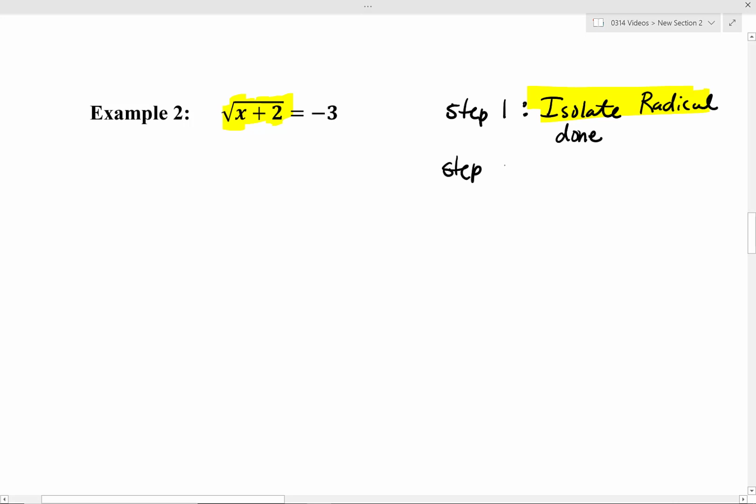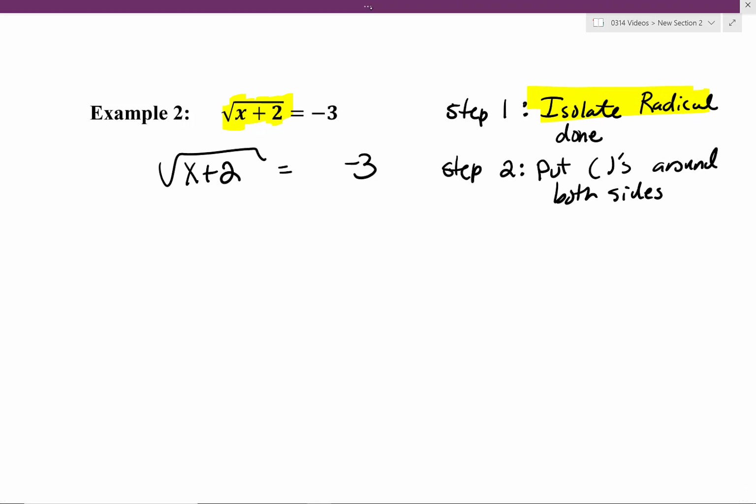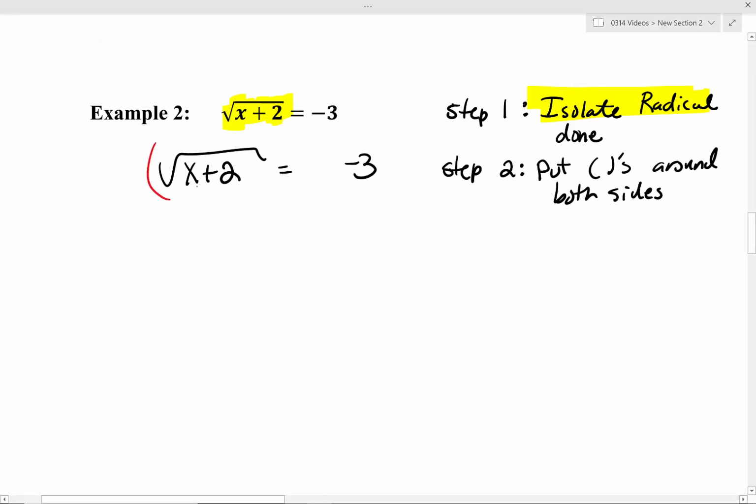Okay, what is step 2? We are going to put parentheses around both sides. Okay, so I'm going to copy this down again, and I'm going to put parentheses around both sides. And the next part of this is to raise both sides to a power of.